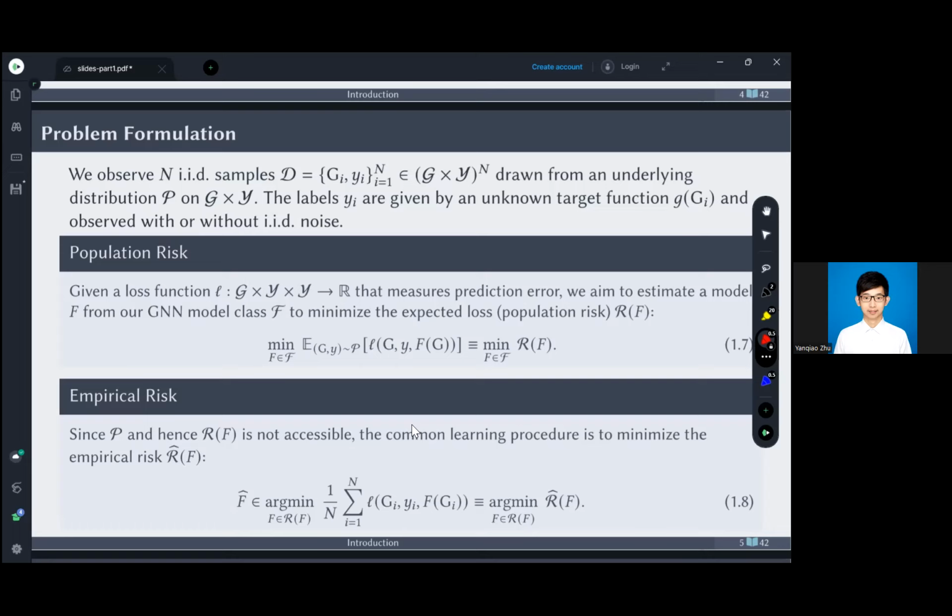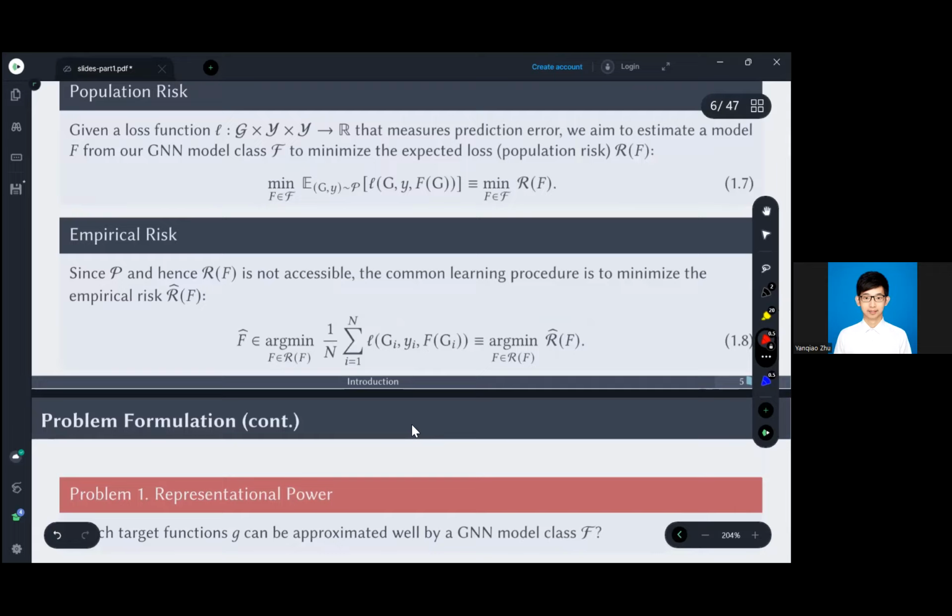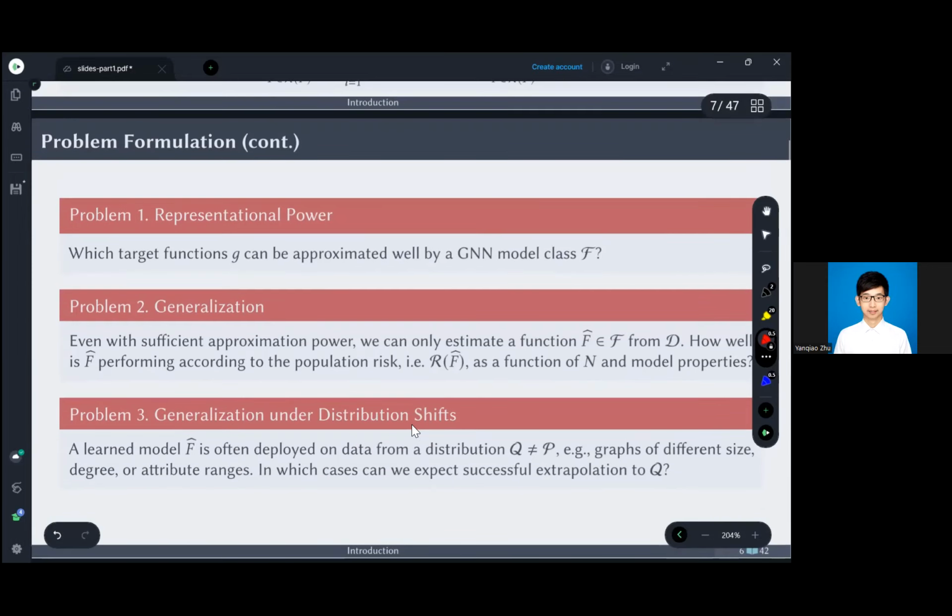We have several training samples, and we can calculate the so-called empirical risk based on them. But because we don't have direct access to the underlying distribution itself, we actually care about the so-called population risk, or the true risk, that measures the loss on the underlying distribution. This leads to several questions we are considering.